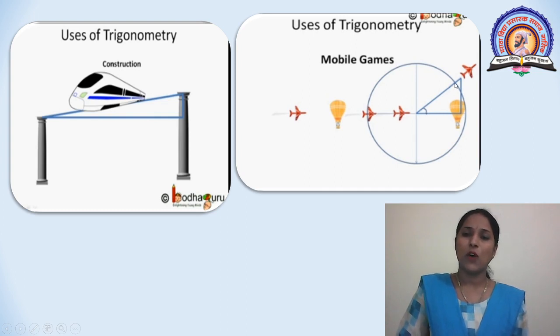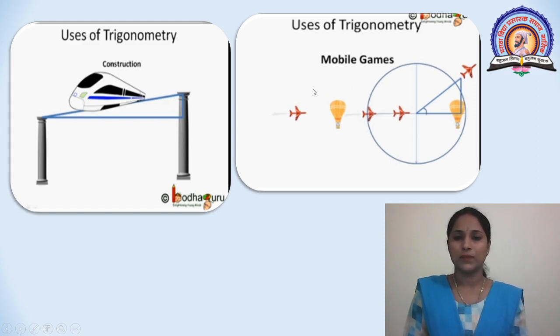Because the object forms a right angle. By this technique used in mobile games, we have to find this height. Here this is a very important application in mobile games.